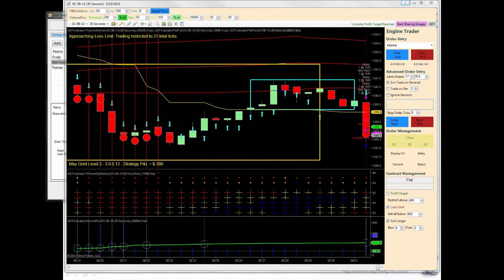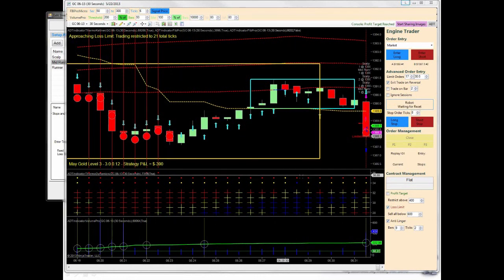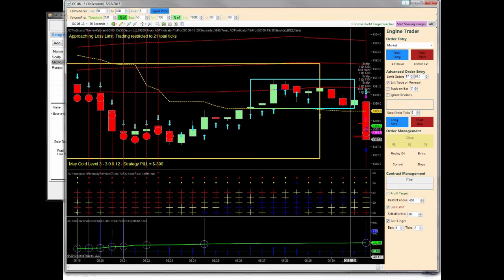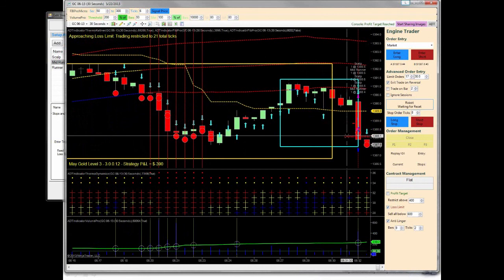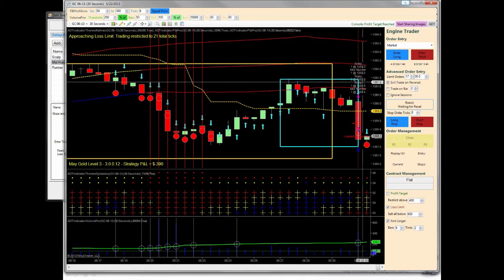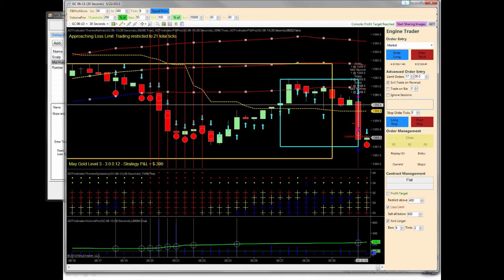There's a reset. Okay, that entered and exited in the same bar and lost money. But look at that text right there. It says limited to 3 contracts. You can see the 3 it entered, 2 of the scalper, 1 of the mid-runner, just like I said.